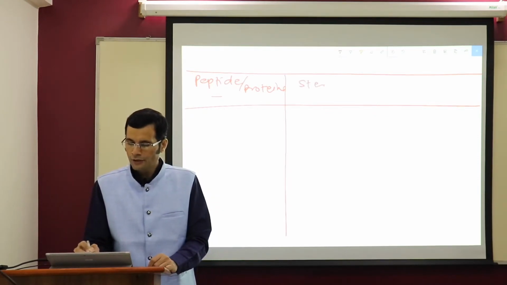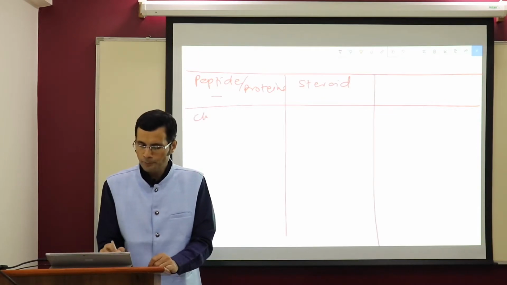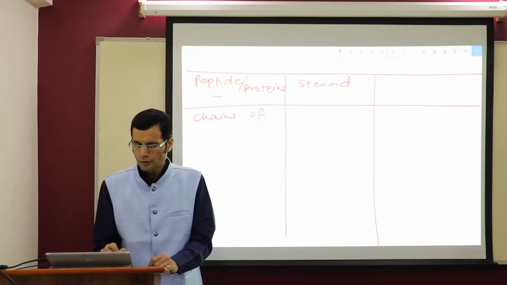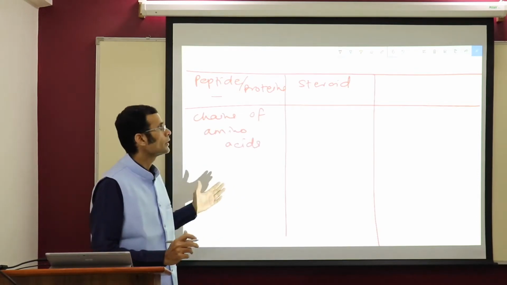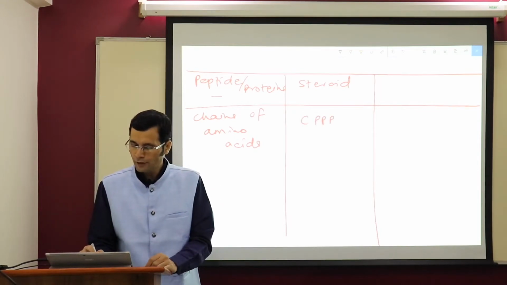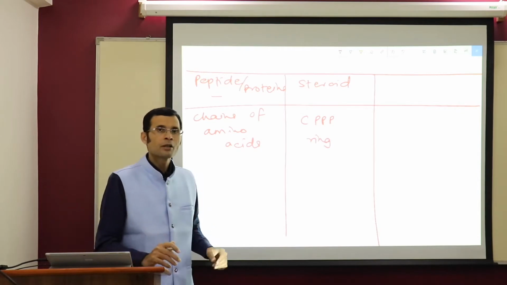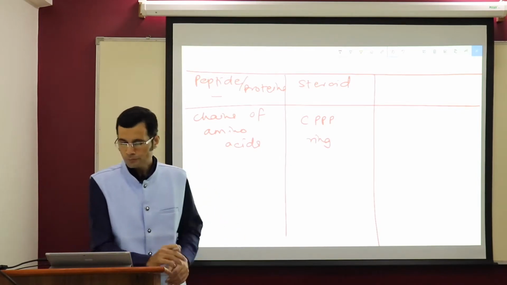Second category is steroid hormones. Steroid hormones have a CPPP ring, cyclopentanoperhydrophenanthrene ring, and they are synthesized from cholesterol.